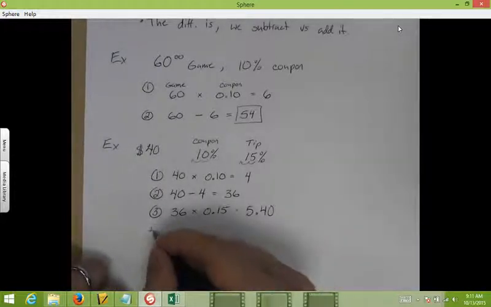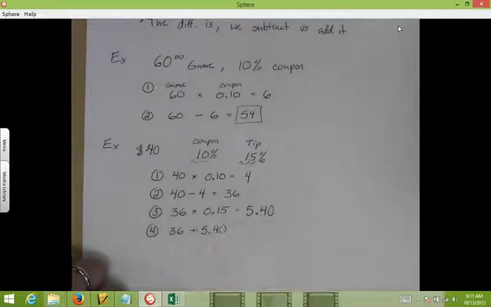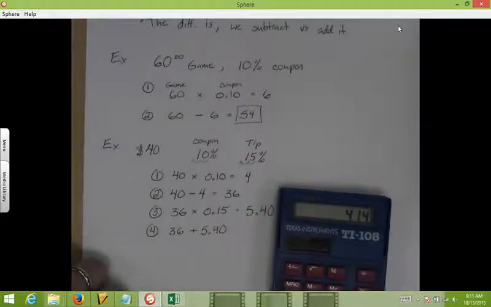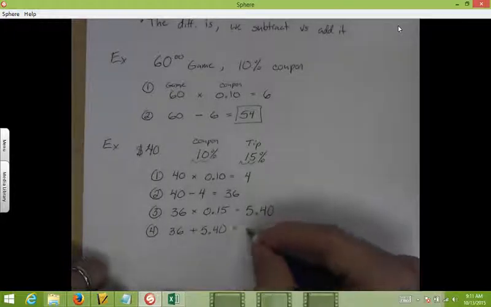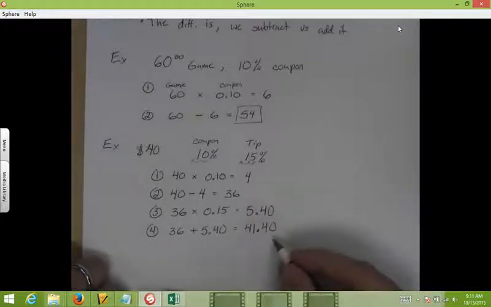So the total we leave on the table is our discounted price of $36 and our $5.40 tip. And when we add those two together, we end up getting 41.4. So written like a proper price, we add a 0 on the end, we're going to leave a total of $41.40 on the table.